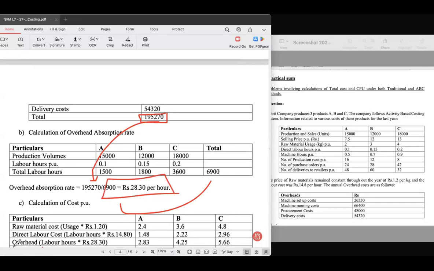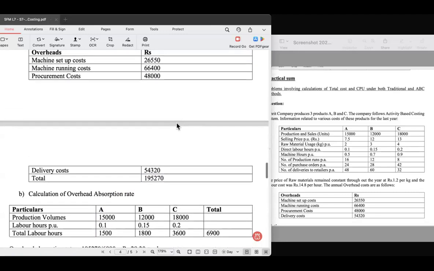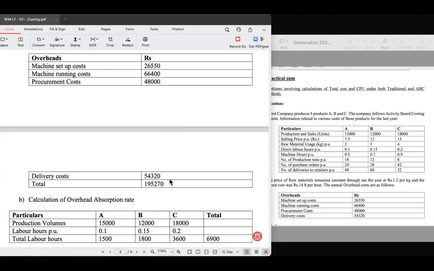Finished. And what is special here? We only used one cost driver for all the overheads, because we totaled the overhead cost, found the OAR, and used only one cost driver.